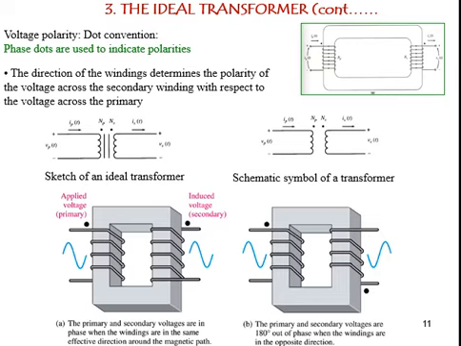But if the windings are in opposite directions, as shown in figure B, then the secondary voltage and primary voltage would be 180 degrees out of phase. As you can see, the sinusoids shown in blue are 180 degrees out of phase from each other.